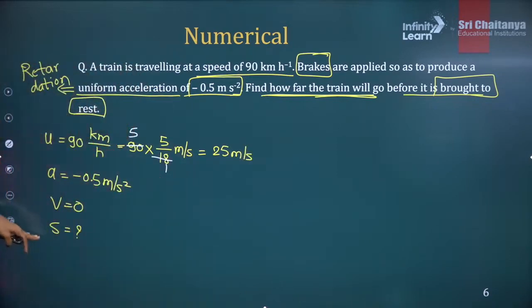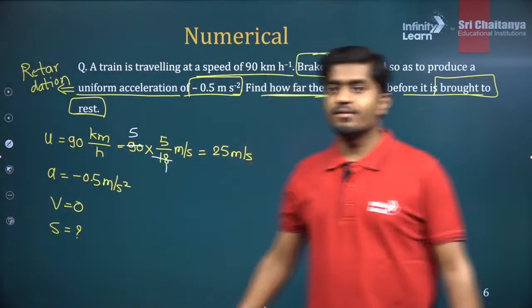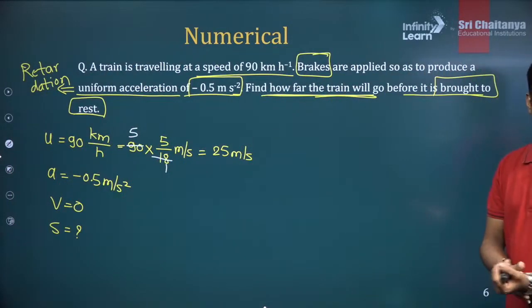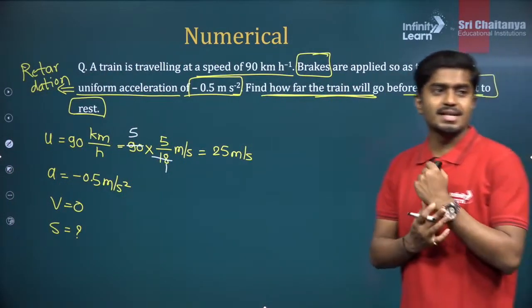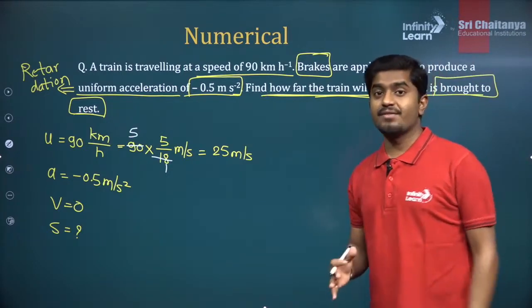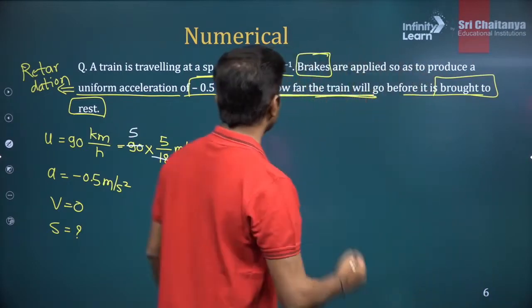So now we just have to find out what is S, the distance. So which equation can you use? Can you use the second equation or the third equation? Tell me. Nice, Sanchit. I'll write down both the equations.